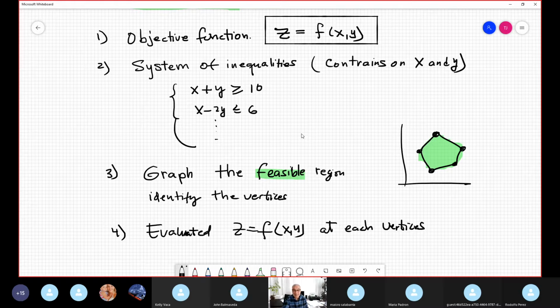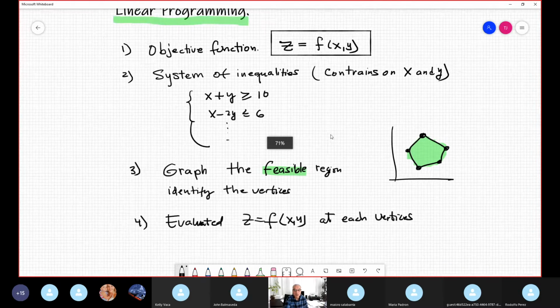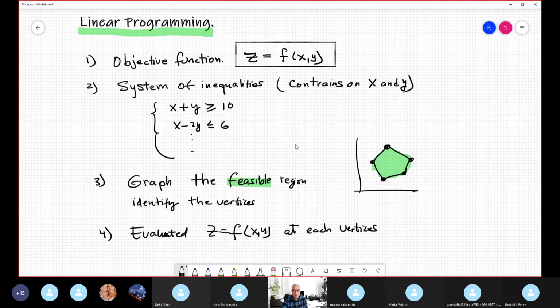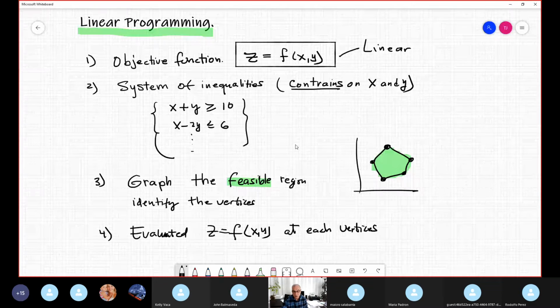So that is the reason it's linear, everything is linear. Nothing is non-linear. In linear programming problems, the objective function is linear, and the constraints are also linear. That is the reason there is no circle, no parabola.